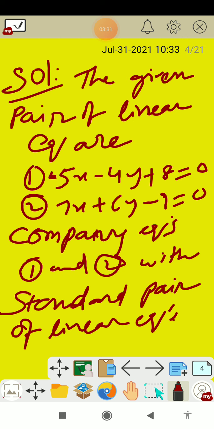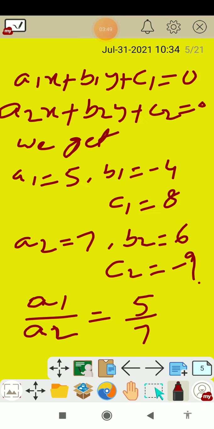Tally the two equations, then a1 is equal to 5, b1 is equal to minus 4, c1 is equal to 8. Got it?